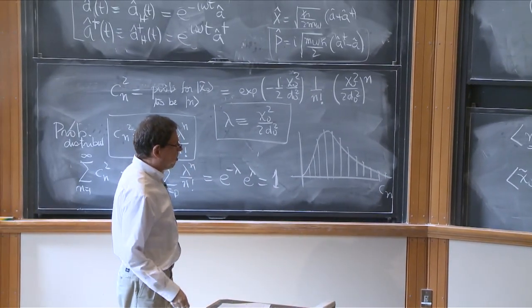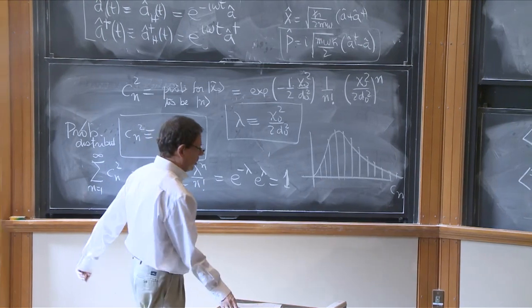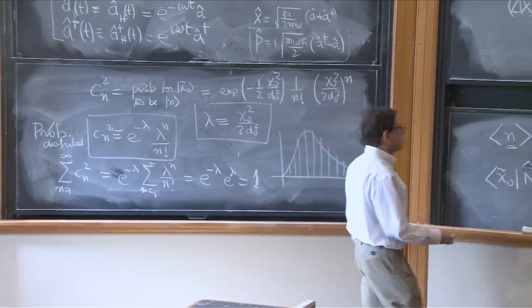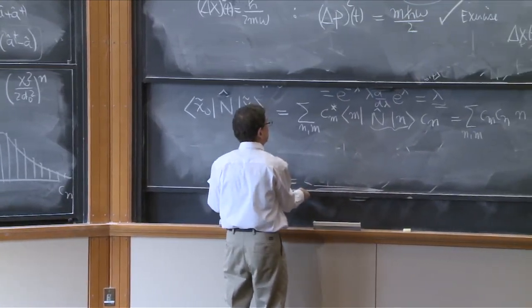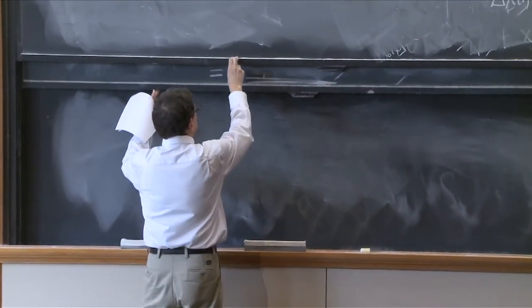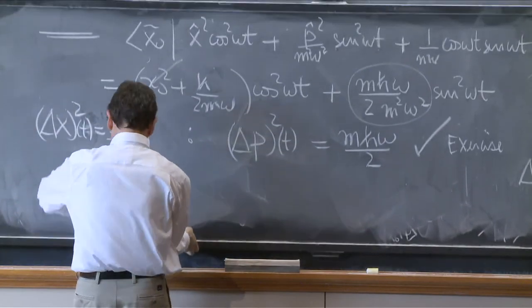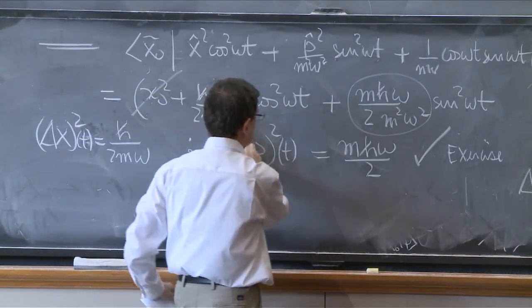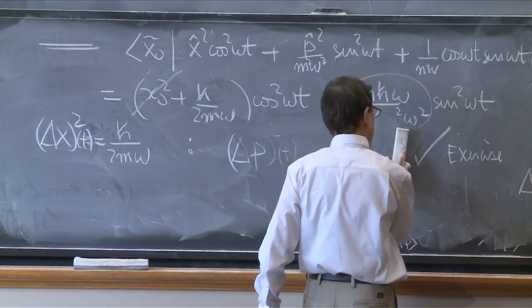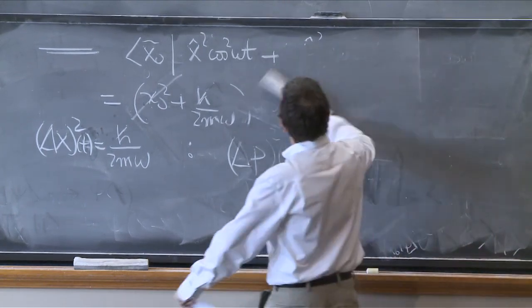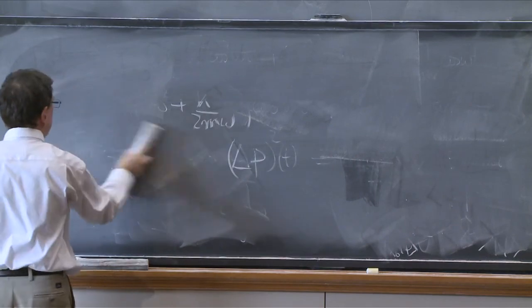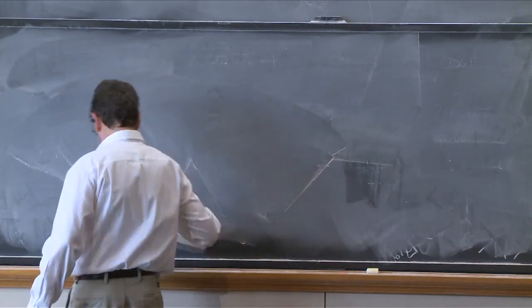And one can do more calculations here. A calculation that is particularly interesting to discover what the states look like is the uncertainty in the energy. So that's another relevant measure. How big is the uncertainty in the energy?